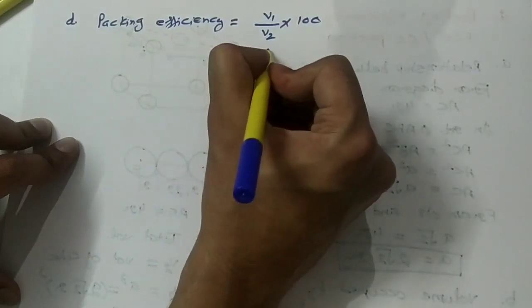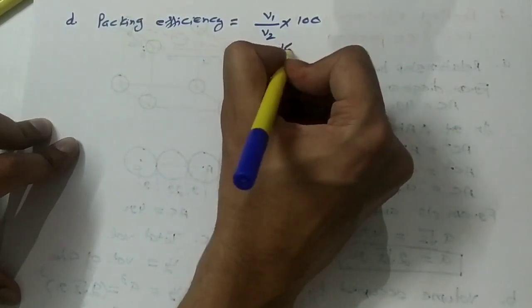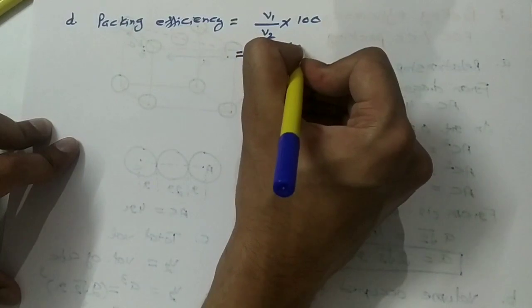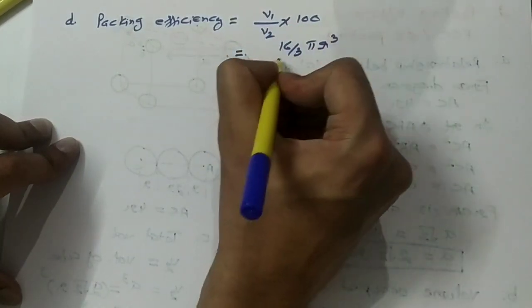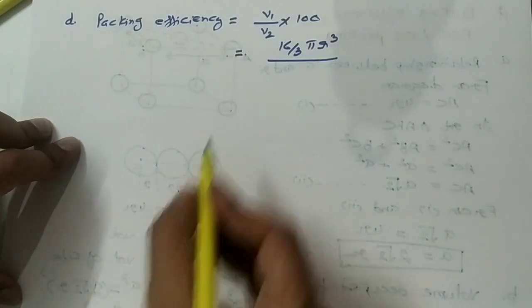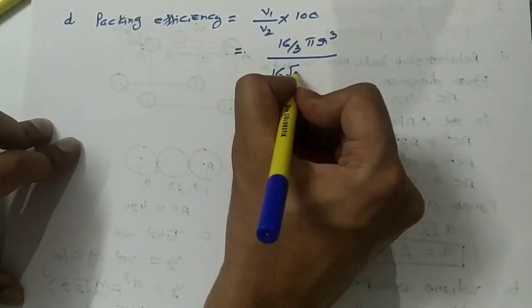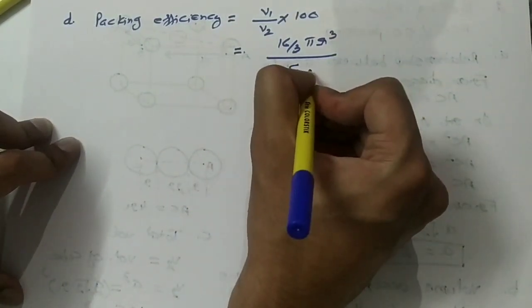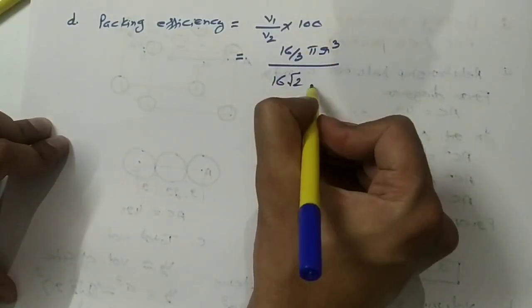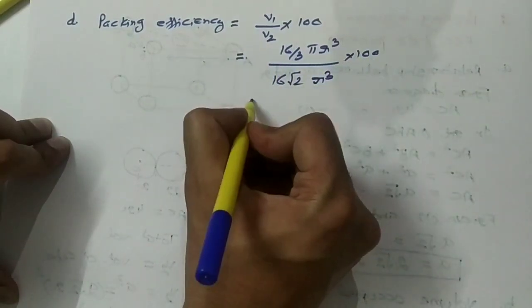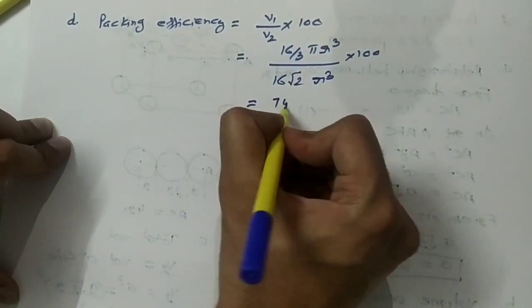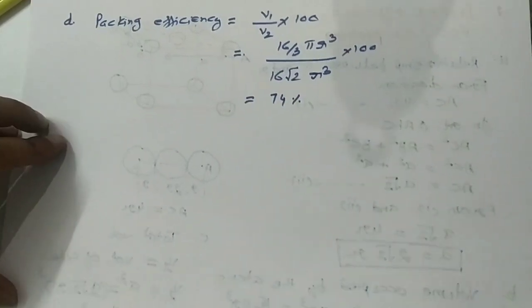V1 is 16 upon 3 pi r cube. Volume available was 16 root 2 r cube, into 100. When you solve this, you'll get the answer equal to 74%.